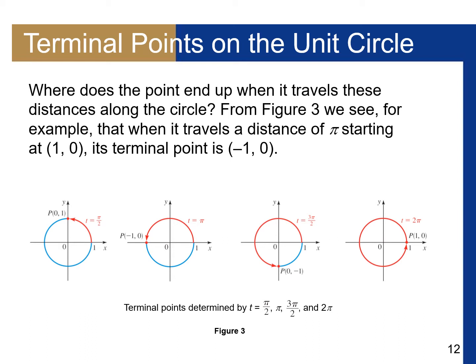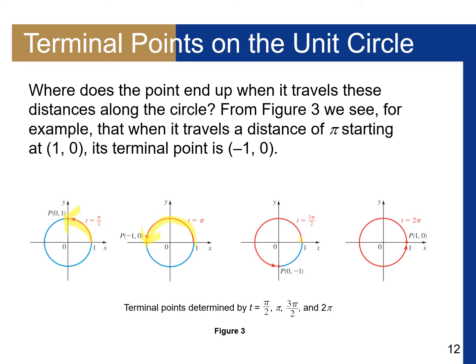Figure 3 will show. We see, for example, when it travels a distance of pi starting at 1, 0, the terminal point is 1, 0. So again, here I'm starting and I'm going only pi over 2, and I am at 0, 1. Here I will travel pi, and I will be at -1, 0.